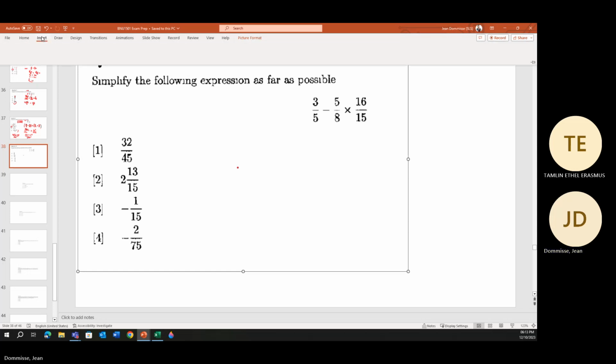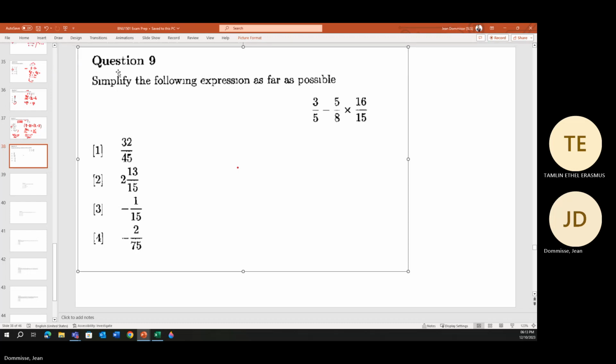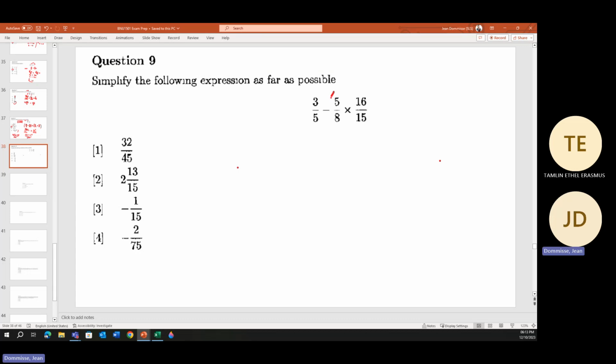Minus. So we'll first do the multiplication. So I'll do that component first. So 5 goes into 5 once, 5 goes into 15 3 times, 8 goes into 8 once, 8 goes into 16 twice.